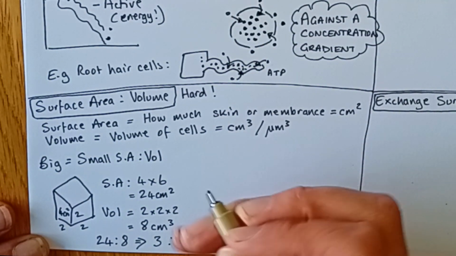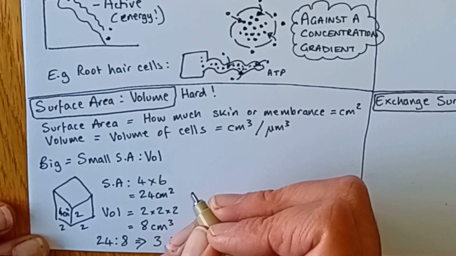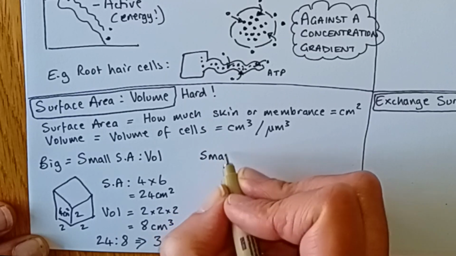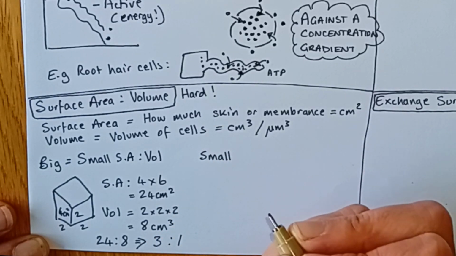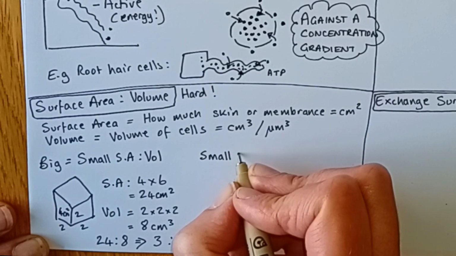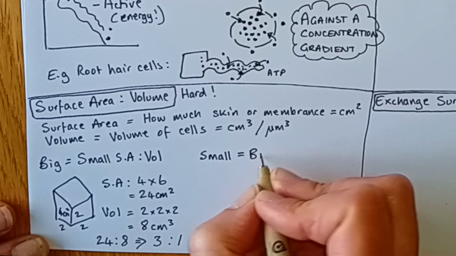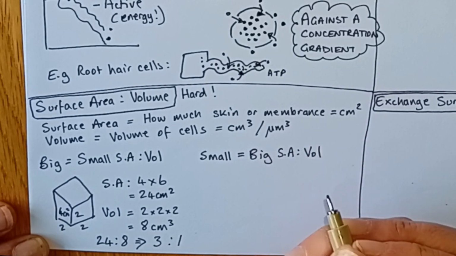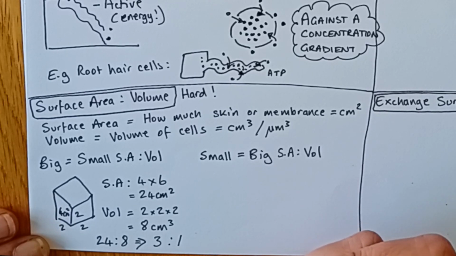So the first thing we might want to do is increase the surface area. We could do that either by being small, so single-celled organisms often have a large surface area to volume ratio. Or we can make it so that some of our parts have got sticky out bits.